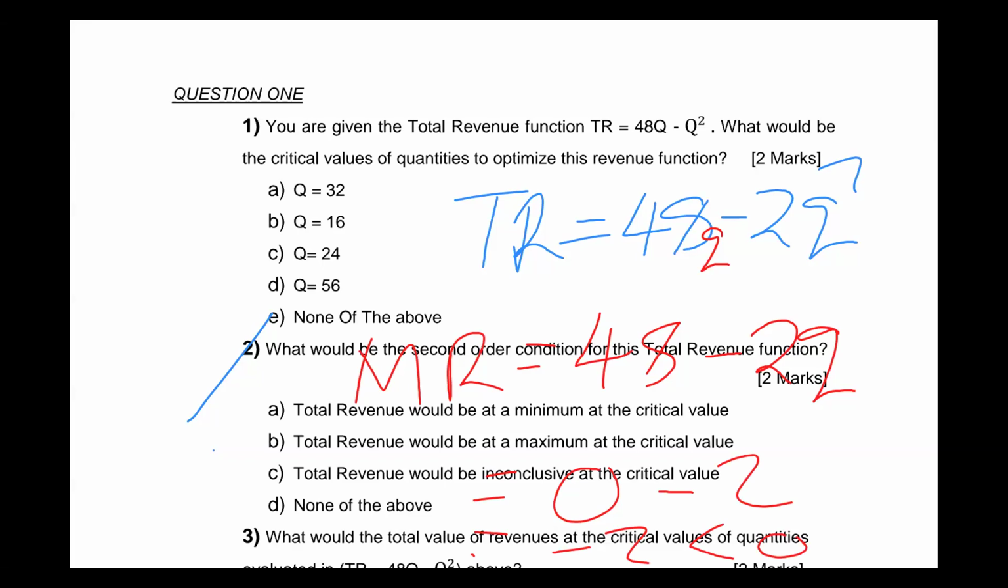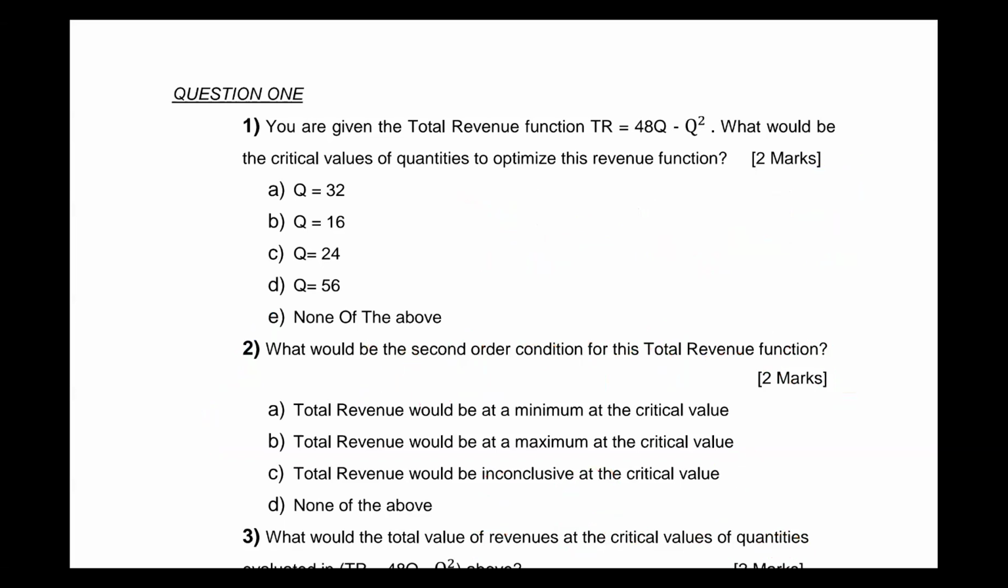Negative is a maximum, yes, what your teacher said. The teacher said that when the second derivative answer is negative, then the critical value will be at a maximum.